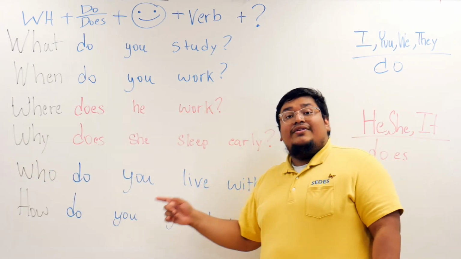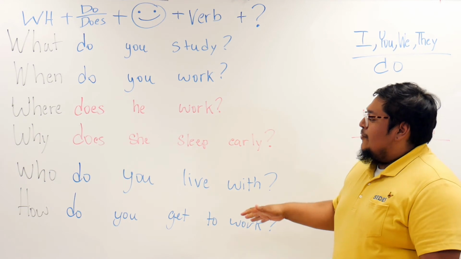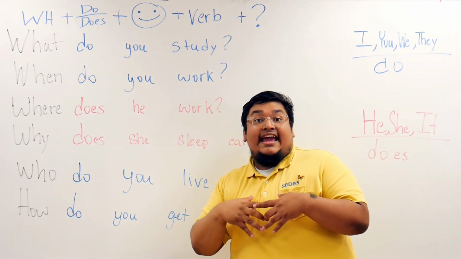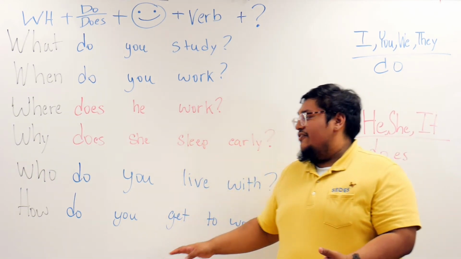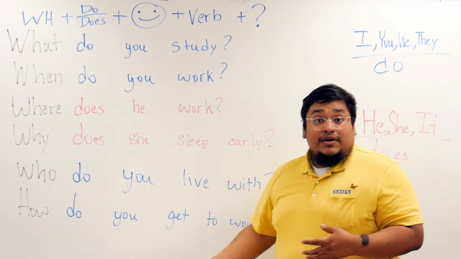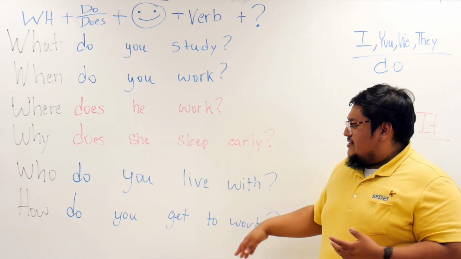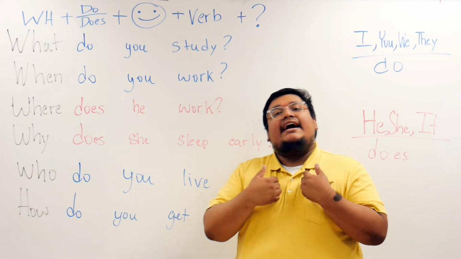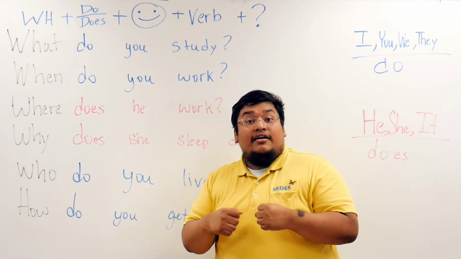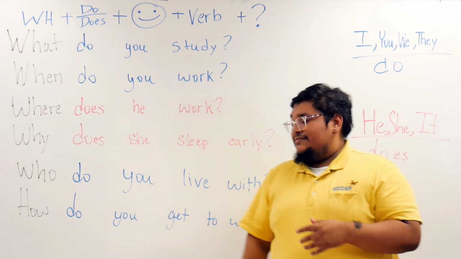So this question is asking for an explanation of your process of going to work. So how do you get to work? And you can say, I get to work by car. I get to work on a bus.